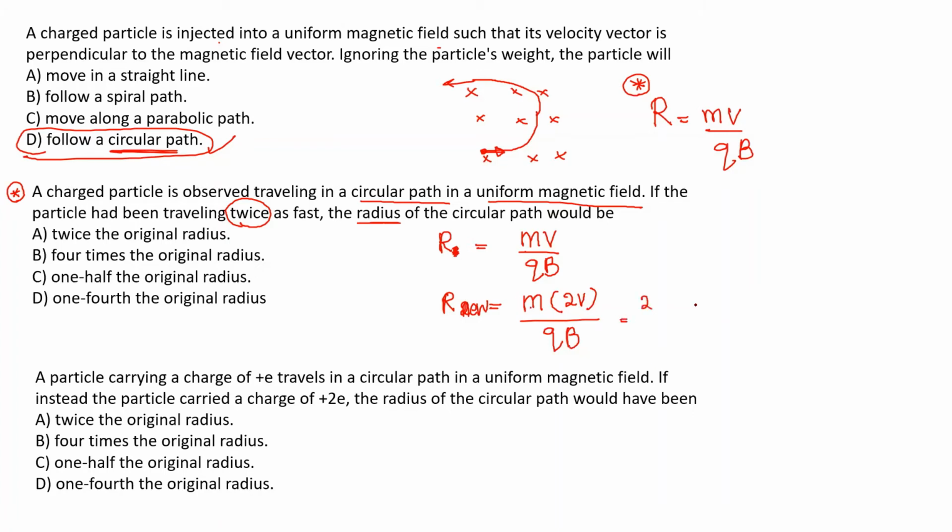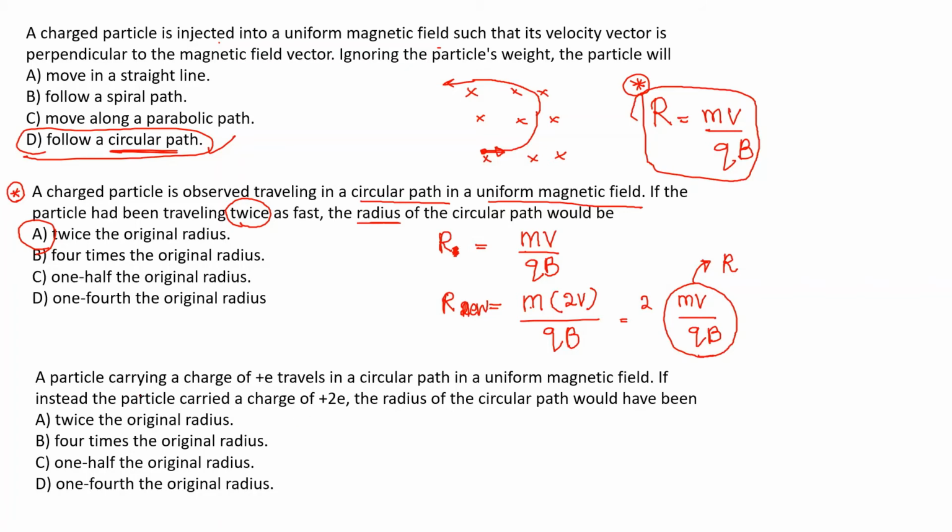If I rearrange this, 2 times mv divided by qB. What is this? This is the same as our old R, right? So if your speed is twice, then the radius doubles. These problems are not hard, but you have to know the equation and how to get it. Practice deriving this a few times.